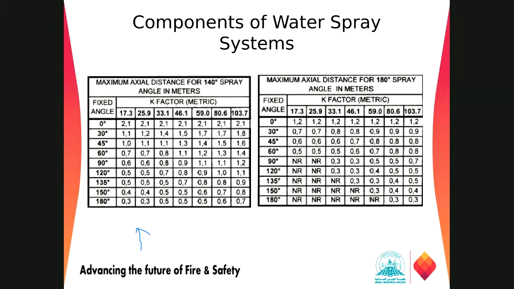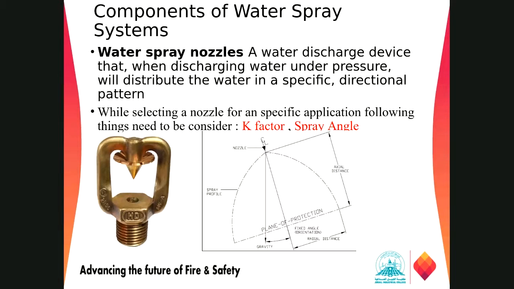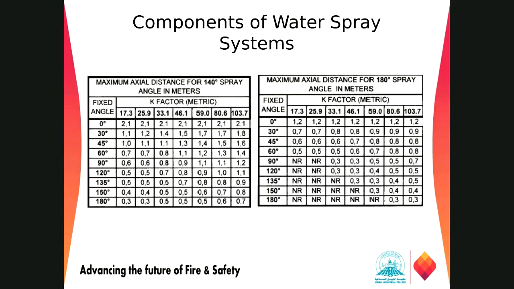So what is the axial distance? It is how far it is going in this direction and how far it is going in that direction. This is what we call the axial distance, so it will cover those areas. Based on that, we have to locate the nozzles to our areas, ranging from 0 degree all the way to 180 degrees, based on the different equipment and different requirements.